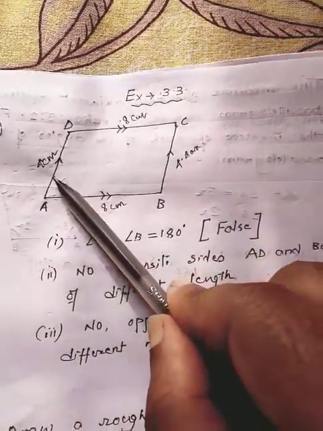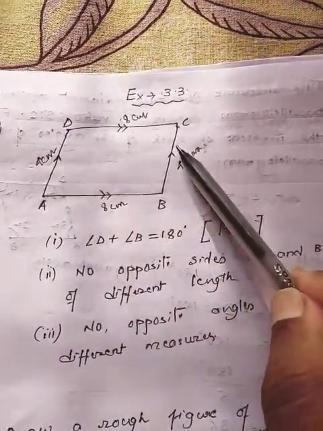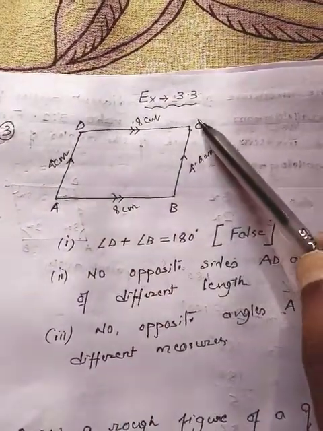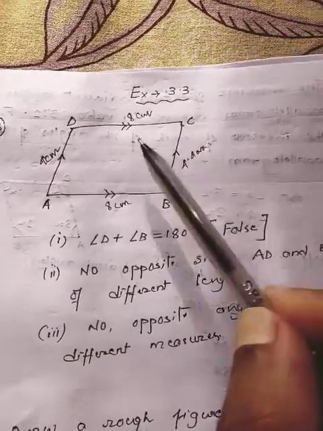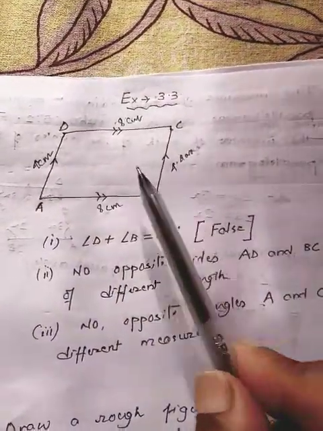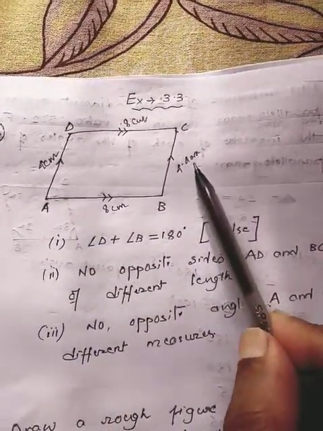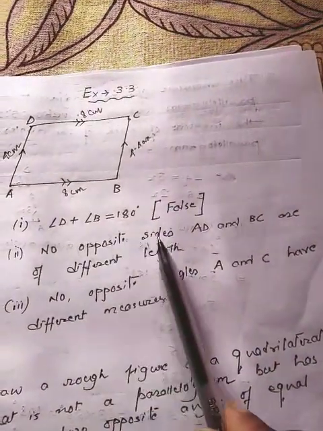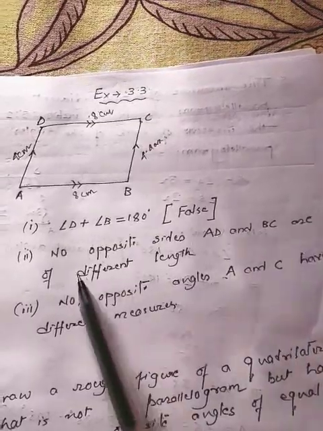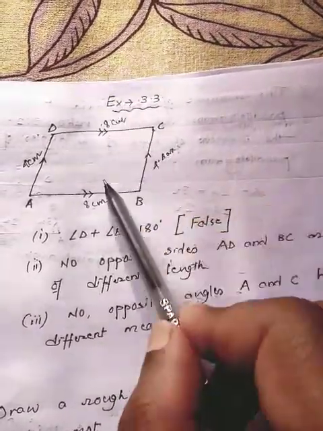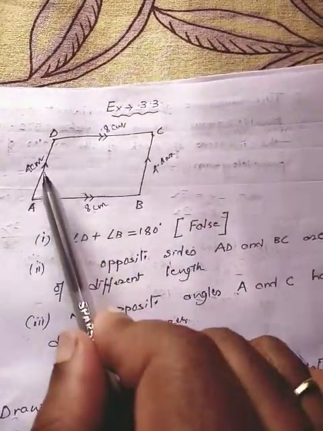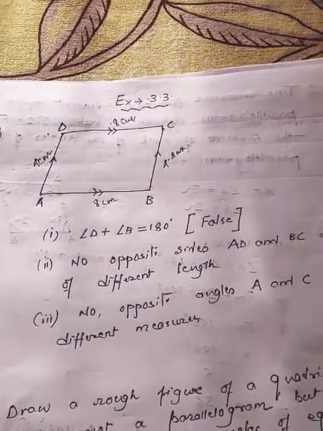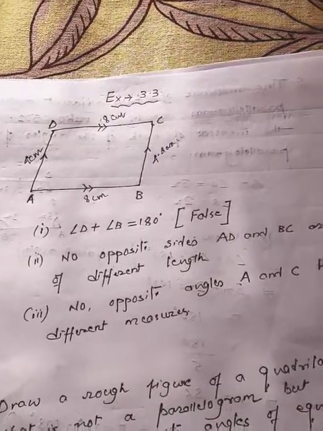But here AD should be equal to BC, whereas AD is given as 4 centimeter and BC is 4.4 centimeter. So again it is not right, because it should have been 4 centimeter. So I have written no, opposite sides AD and BC are of different length. AB and DC have the same length, but as AD and BC have different lengths, ABCD cannot be a parallelogram.